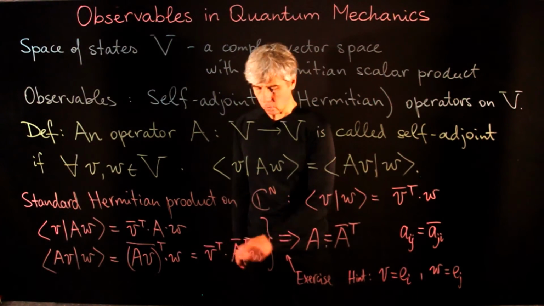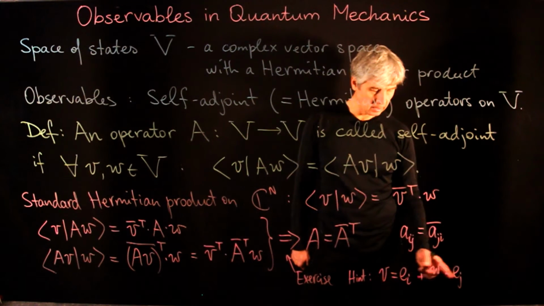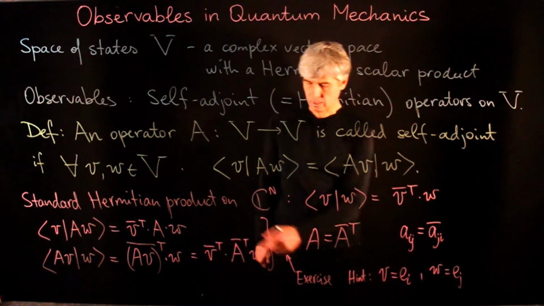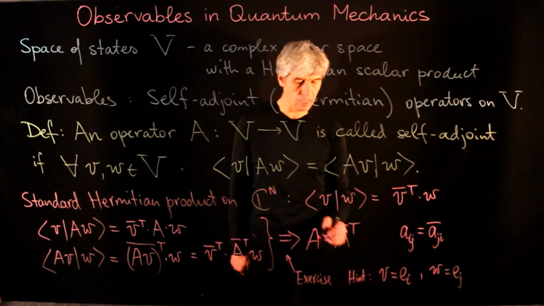Since this holds for all V and W, we can take V and W like this, and then show that this will give this, which means that A is equal to A bar transpose.